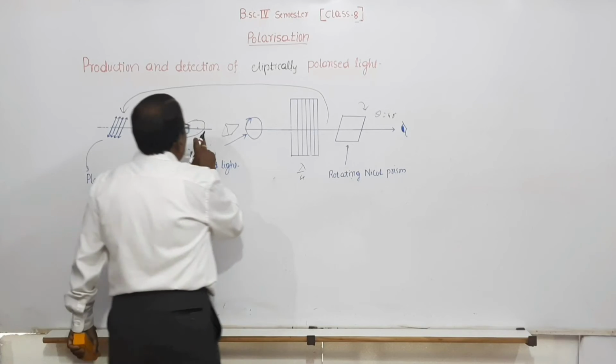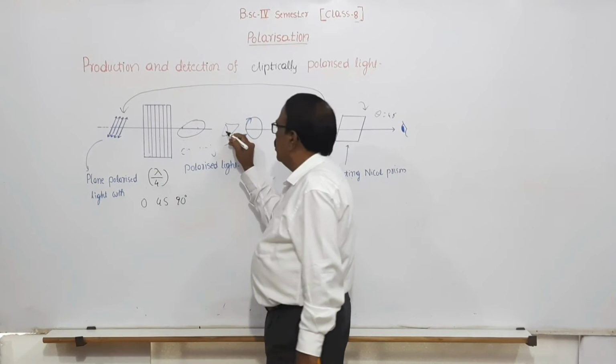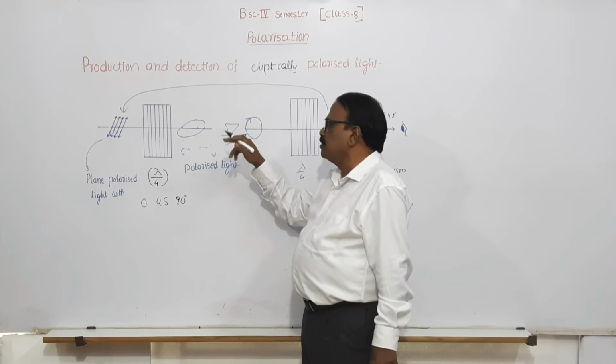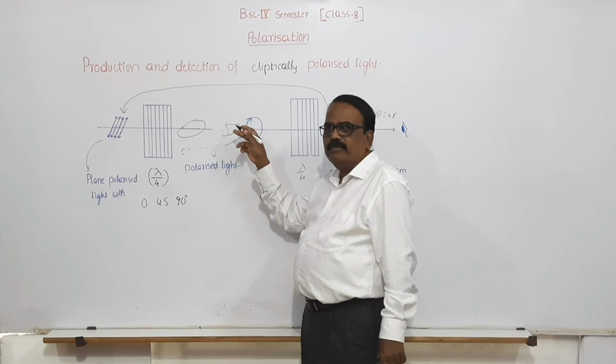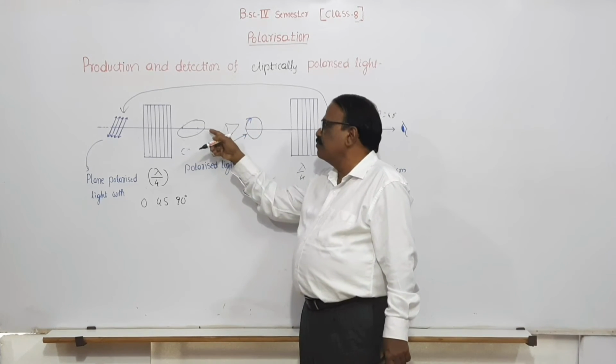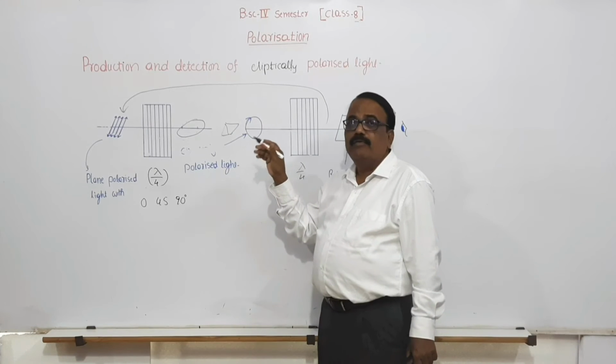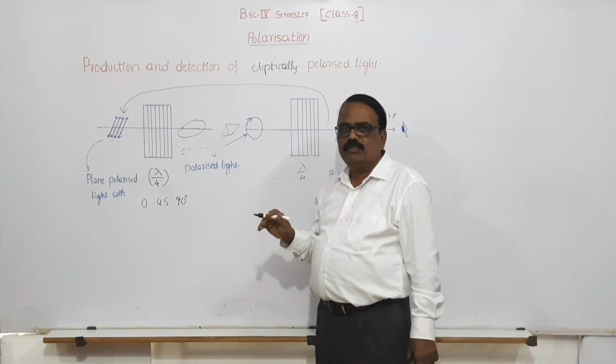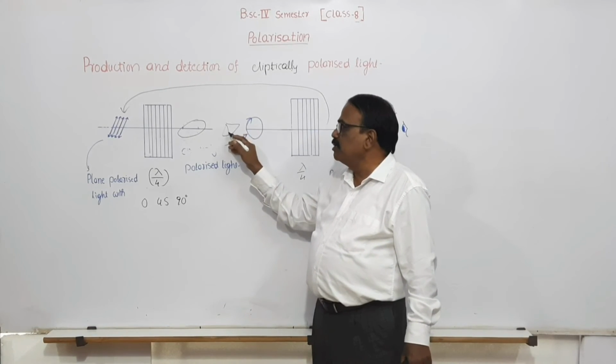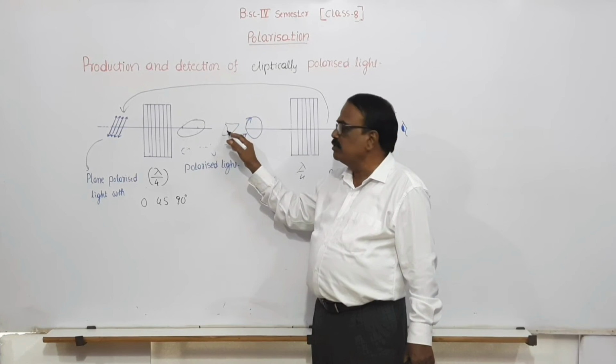If this elliptically polarized light is observed through the Nicol prism by rotating it about its axis, the intensity of the light goes on changing with a minimum which is not equal to 0, and again a maximum intensity.